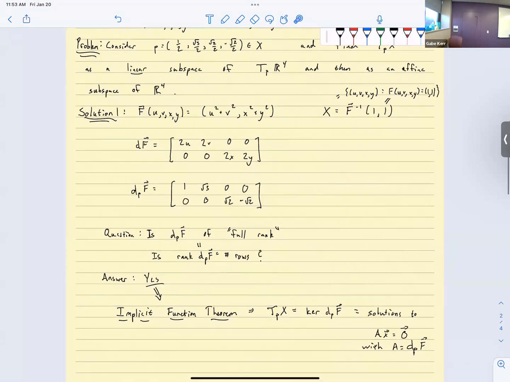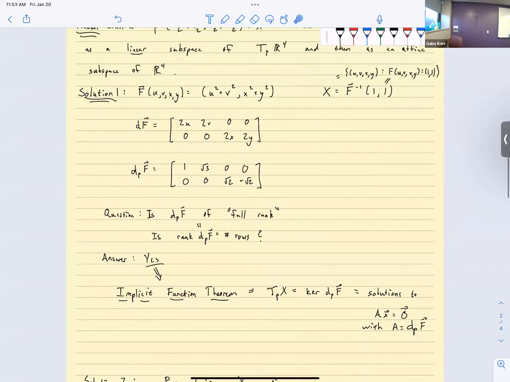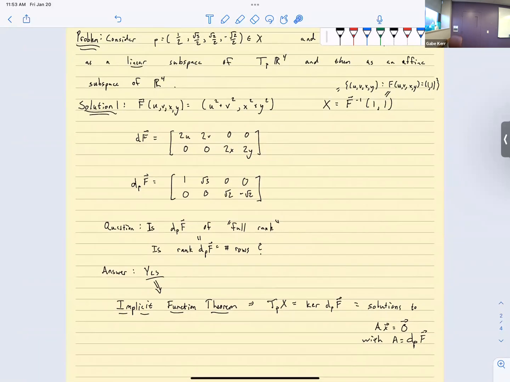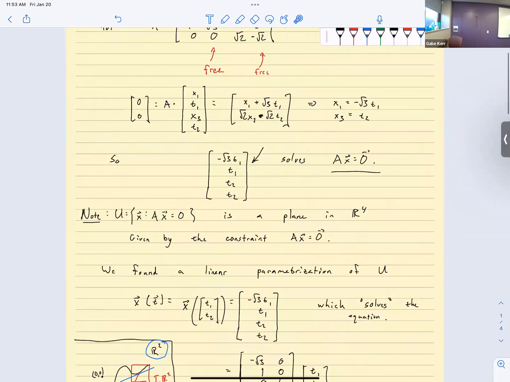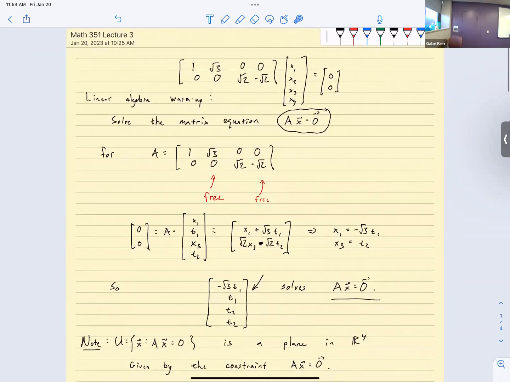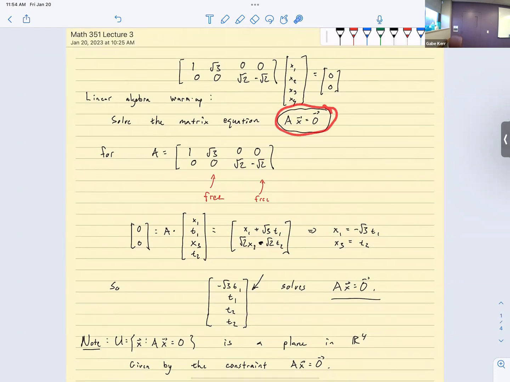Okay, if you believe that, and you should, because it's true, we have our solution. We have what the tangent space is as a subspace of our T_P R^4. Why? Because I started off with a warm-up, which was this matrix. Found the kernel.